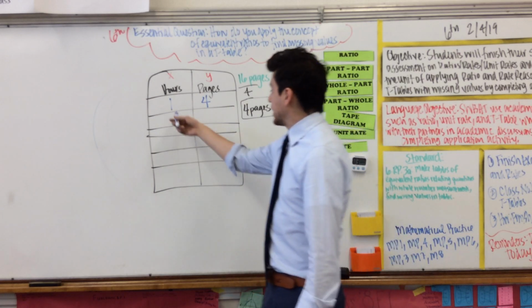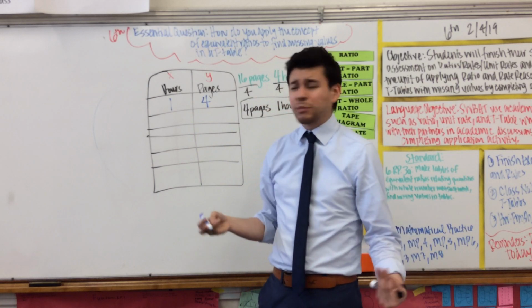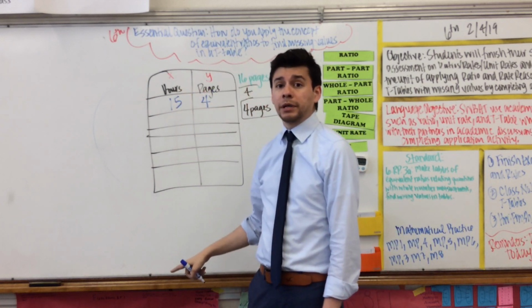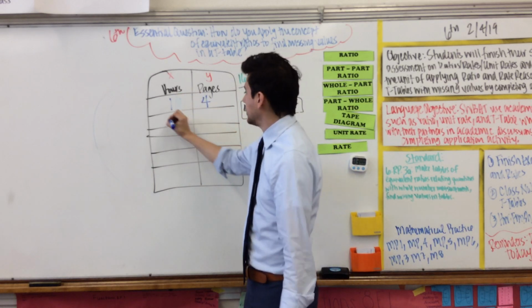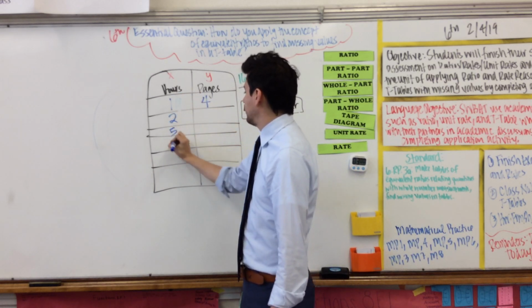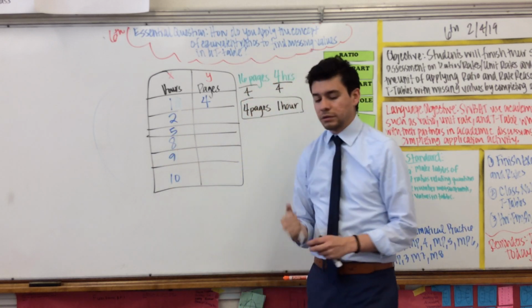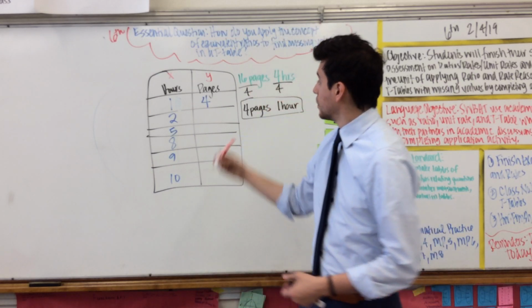I'm going to be smart for the X values, pick easy ones. Because these are going by 1, so I could pick any number. If this was 15, I need to be smart about what numbers I pick. But if it's just 1, I can pick literally any number. 2, 5, 8, 9, 10. Doesn't matter. I'm going to pick those. And now I could actually go ahead and start filling things in.